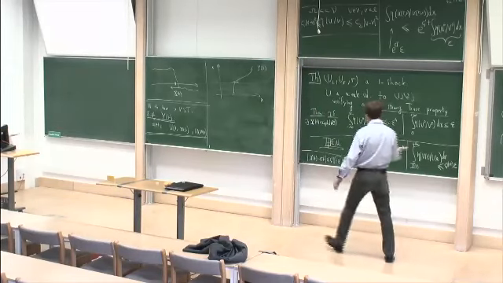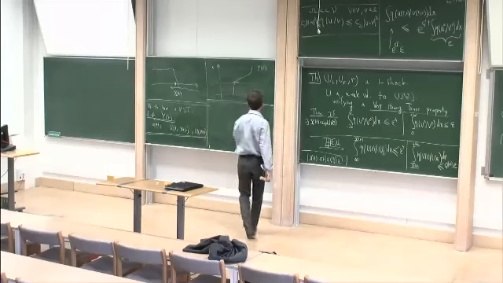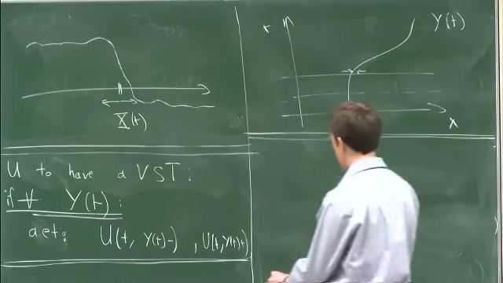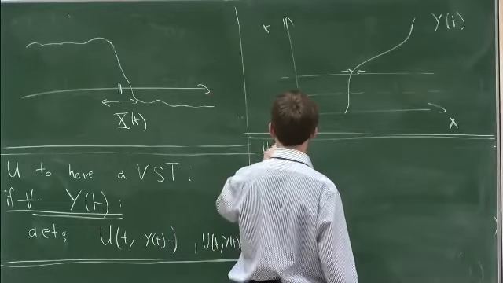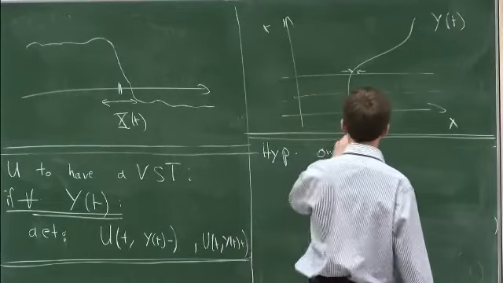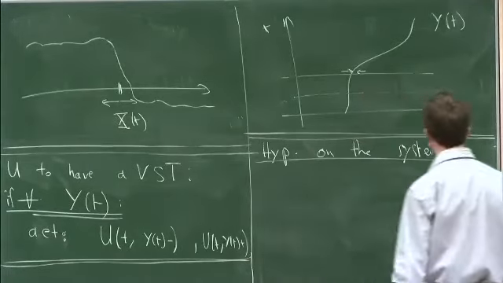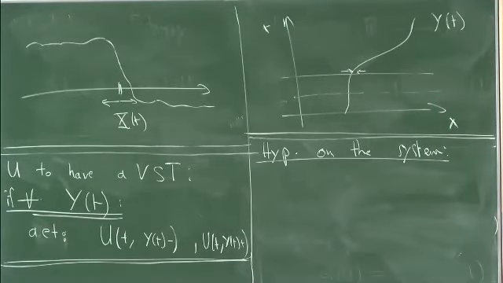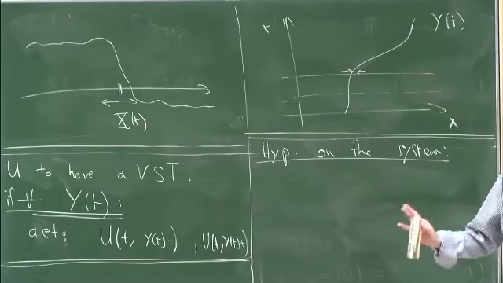But now, of course, I have to state some hypotheses on the system. But you will see that actually they are very natural. So let me present it. These are the hypotheses on the system. Let me state them for the expert, and then I will explain on the picture what they mean. But I would like to say right away they are very classical in this kind of situation.